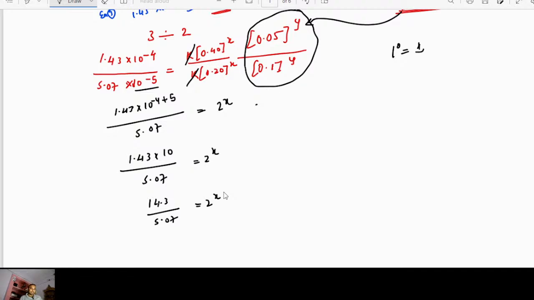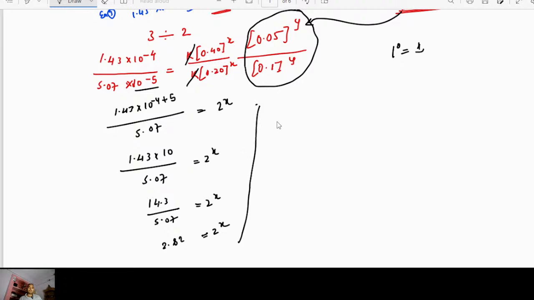If you divide this, 14.3 divided by 5.07, 2.82 is coming. So 2.82 equals 2^x. How can you solve this? We need to take the help of log.